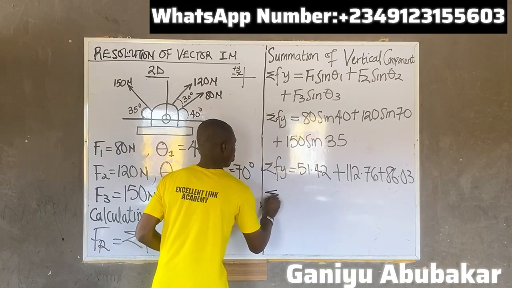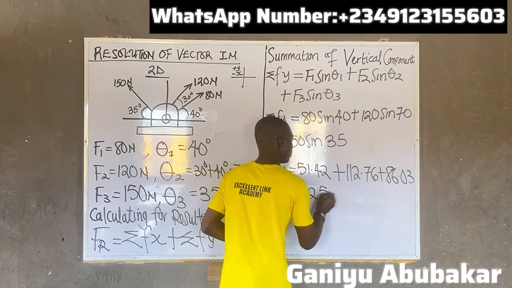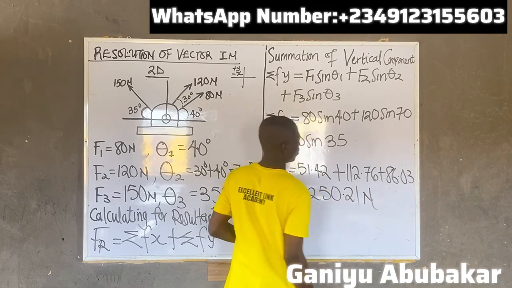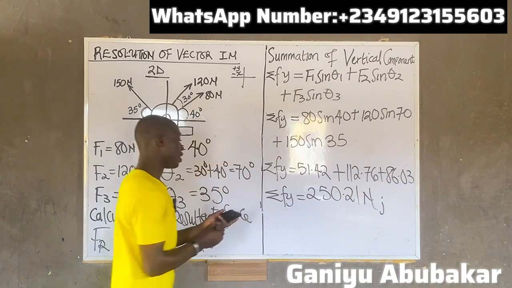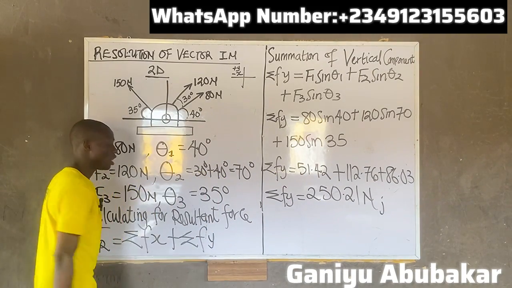Add them up, summation F_y gives about 250.21 Newton. In vector form, I'll just put j in this case. So I've gotten summation F_x and summation F_y.